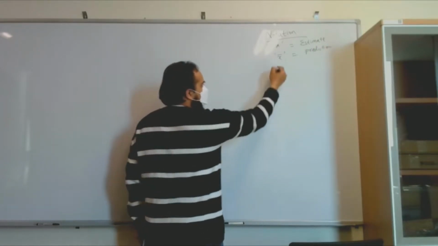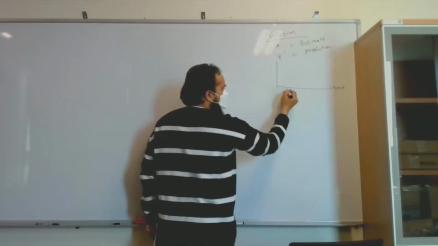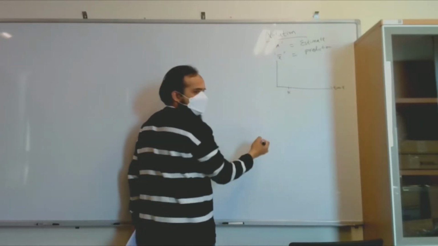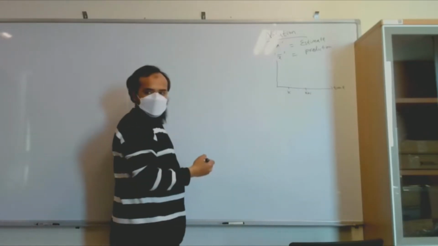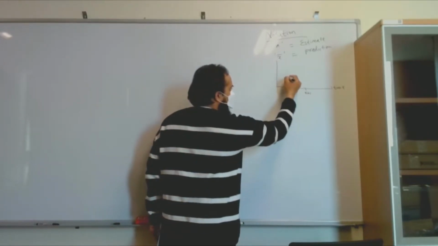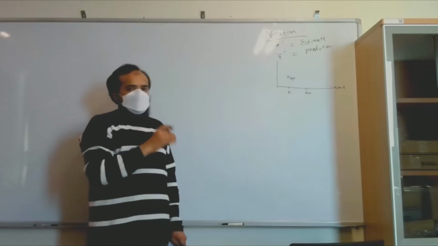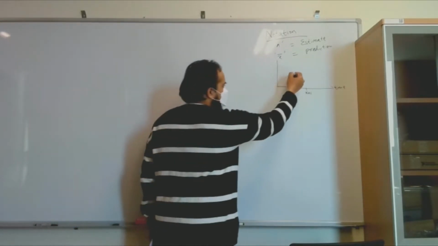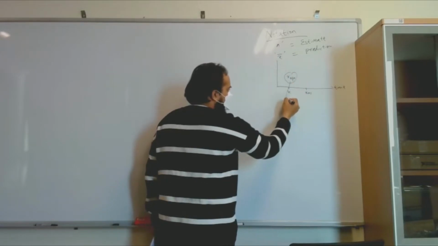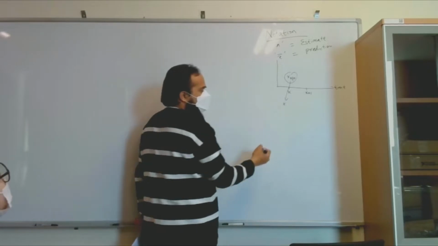Suppose this is the time scale, and here is time k, and here is time k plus 1. Then x of k is the result of the estimate in the current scan. This k is the current scan.